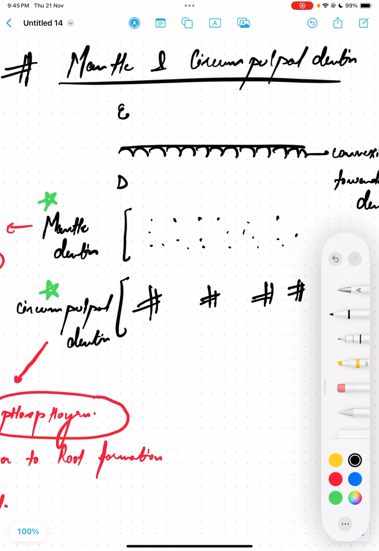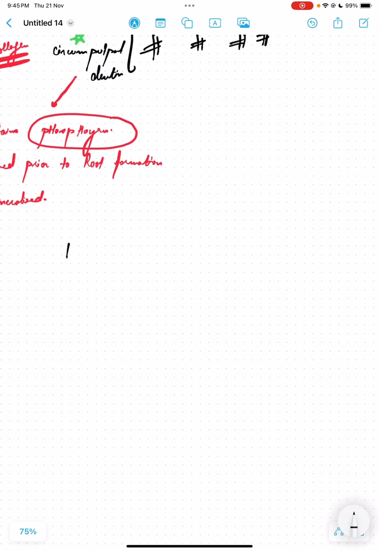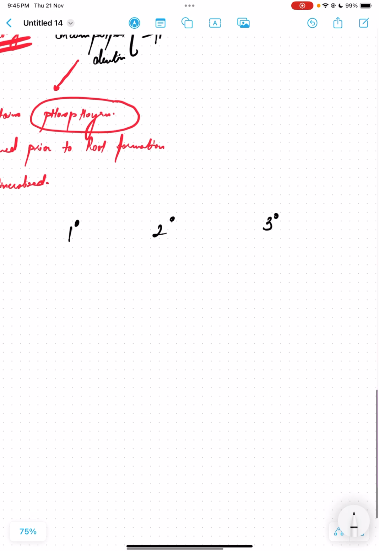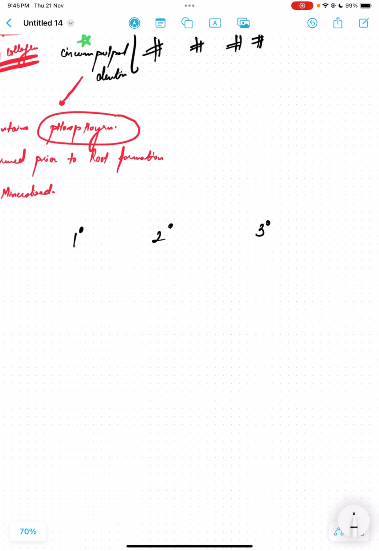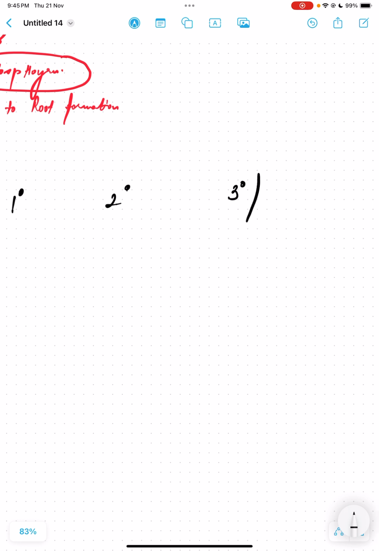Okay, then we will study our primary dentine, our secondary dentine, and our tertiary dentine. Tertiary dentine is also called reactive dentine.